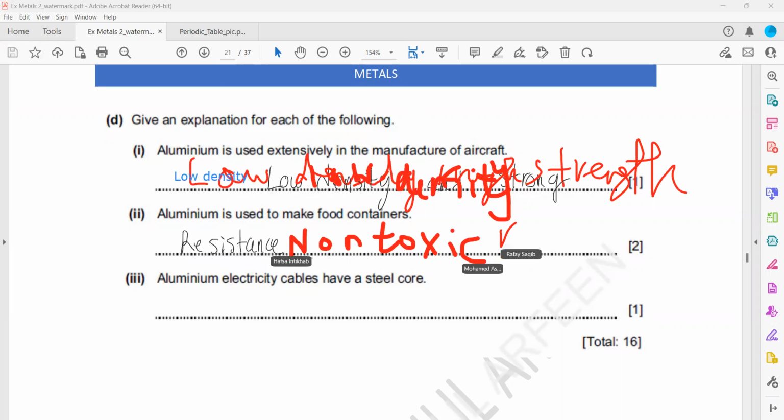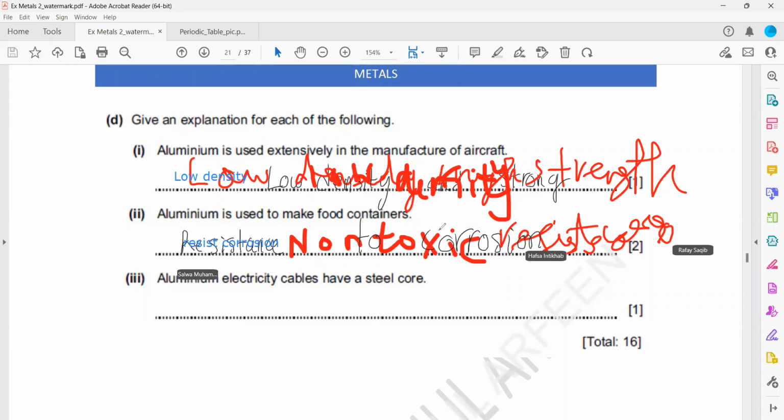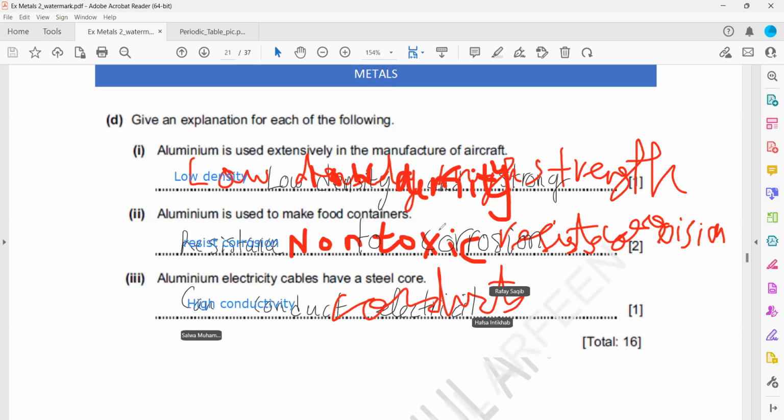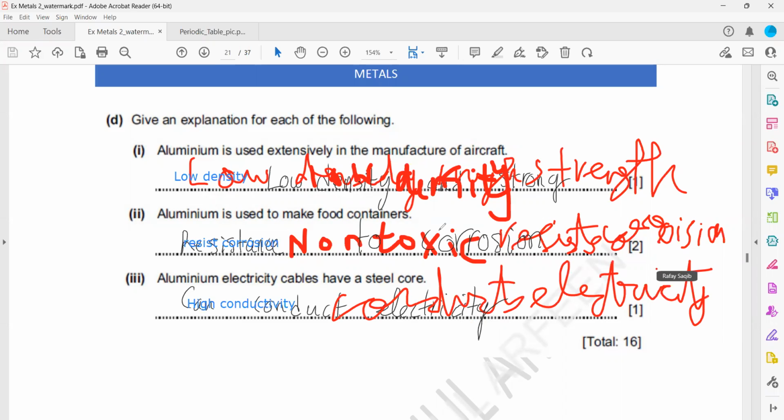Non-toxic is not the right term; toxic is usually used for compounds and substances rather than for a metal. And high conductivity. So low density, strength, resistance to corrosion, or high conductivity. That's why aluminium can be used for these uses.